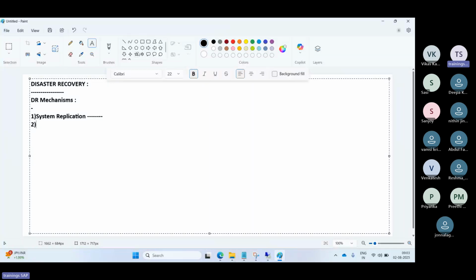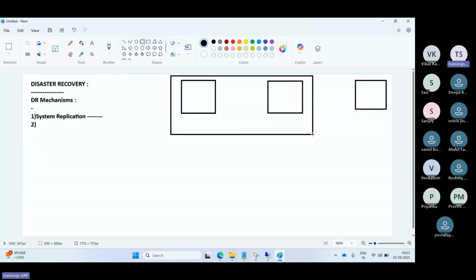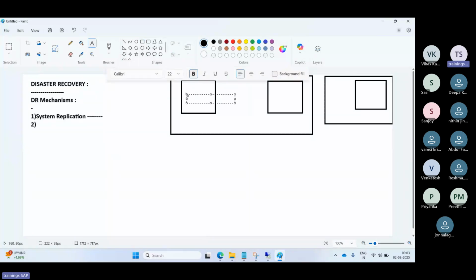Suppose, for example, this is the primary, secondary, and your DR site, which is in a different region. This is the primary HANA system, HANA 1, and then HANA 2 and HANA 3.